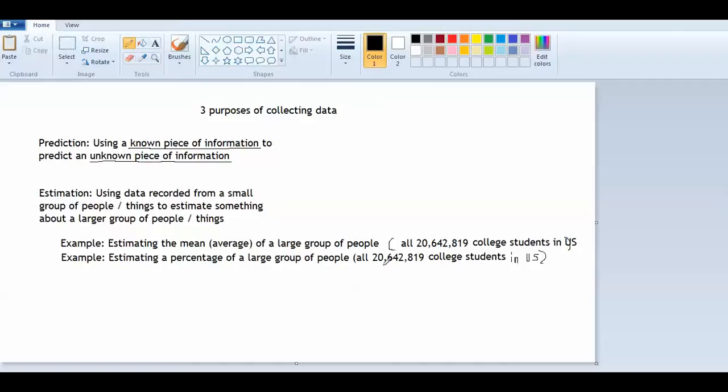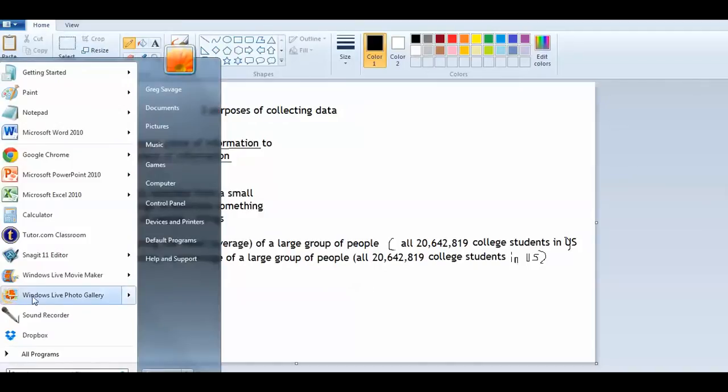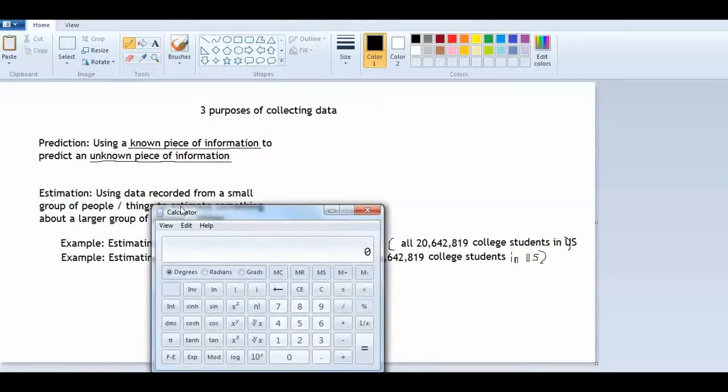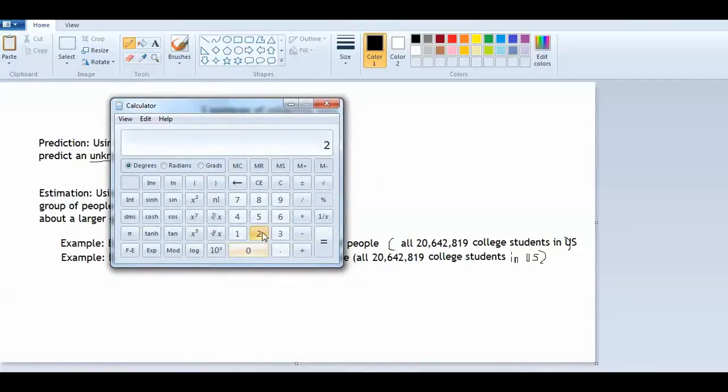That doesn't mean that exactly 50% of all college students in the US live with their parents. Just because 500 out of our 1,000 volunteers said they live with their parents doesn't mean that exactly half of all college students in the US live with their parents.